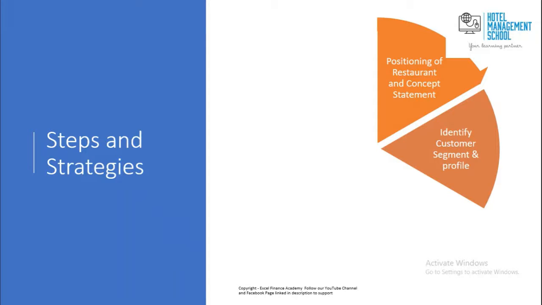But the importance is to identify what your exact segments are, and what their profiles are, how they are going to book. First, you design the segment, okay, but after that you need to see who the customer profile is, how they are going to book your restaurant, because your marketing efforts will depend on the customer profile.